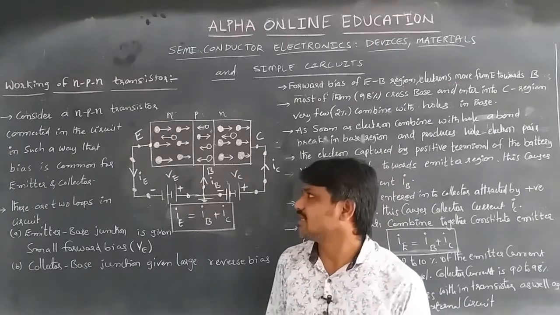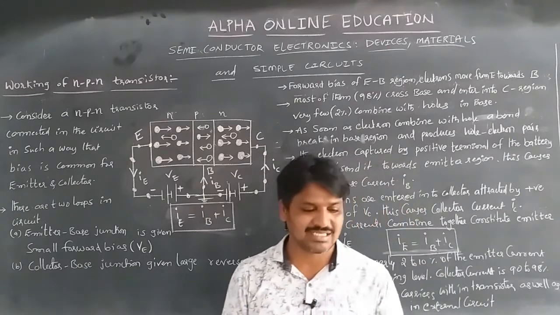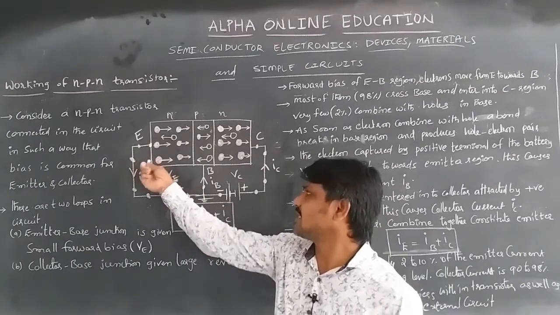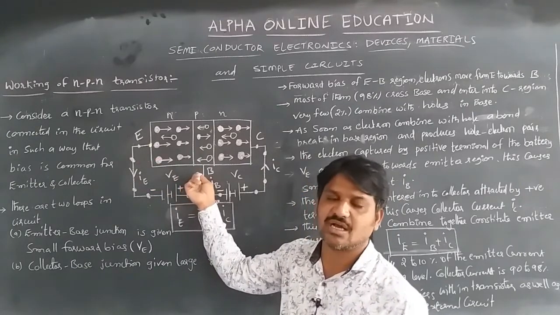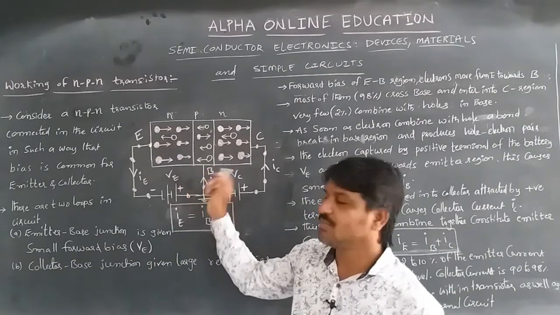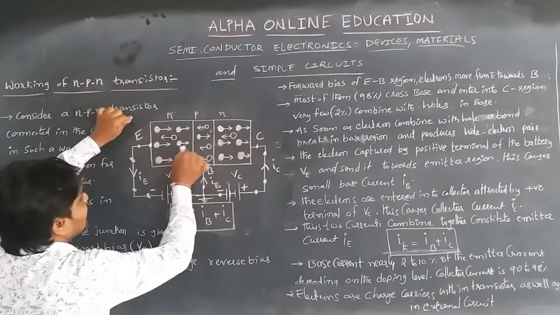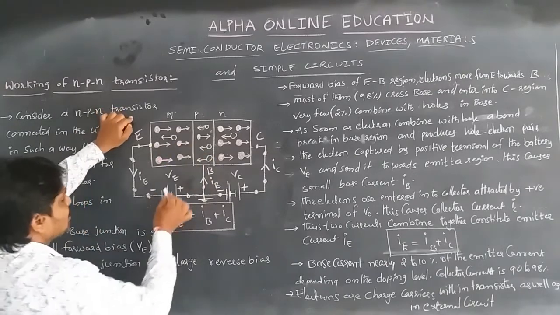The NPN transistor is connected with the same bias as we discussed earlier for the PNP transistor. The emitter base junction is forward biased. Here the emitter is N type and the base is P type crystal.